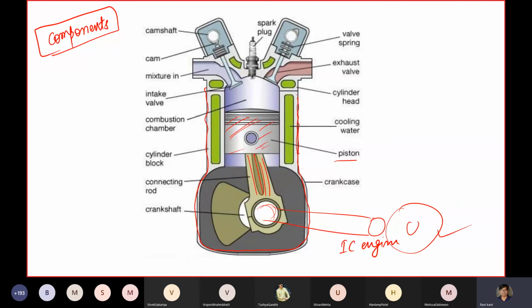Okay, fine, and we can start on top. On top we have the intake valve. This particular part over here is the intake valve, and we have an exhaust valve as well. So what is the purpose of a valve? The purpose of a valve is pretty straightforward.